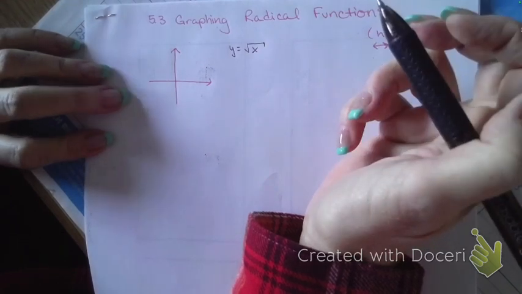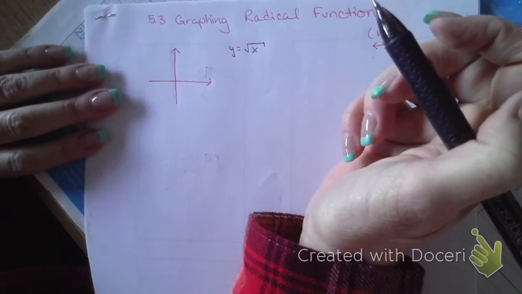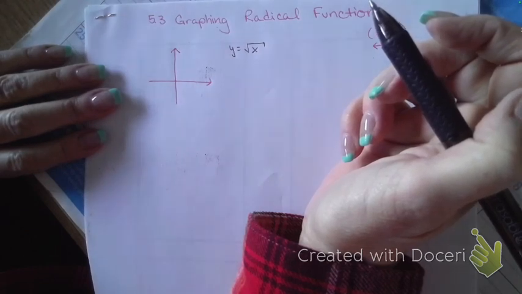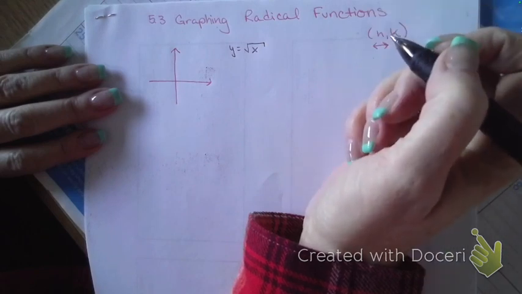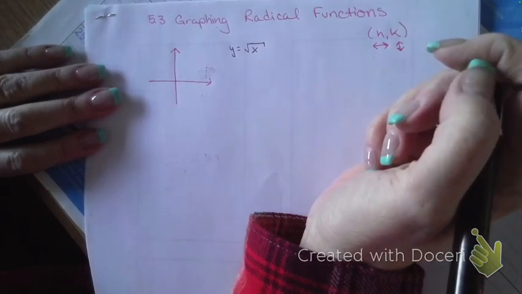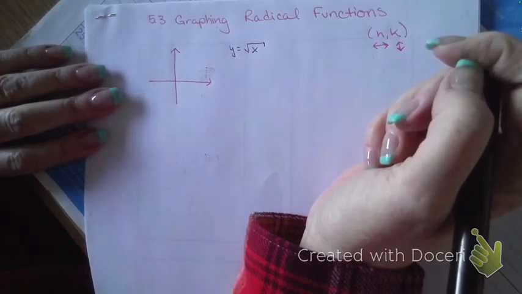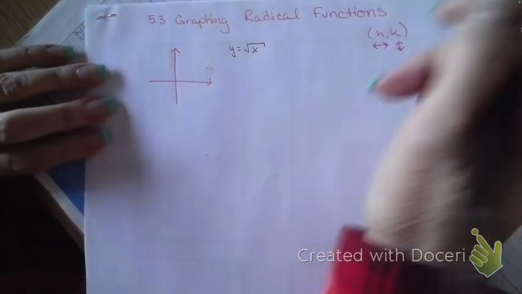What's the first number I can take the square root of? 1? I can't take a square root of a half. What's the first non-negative number on a number line? 0.